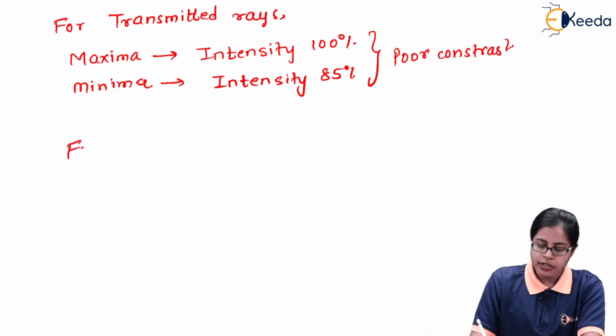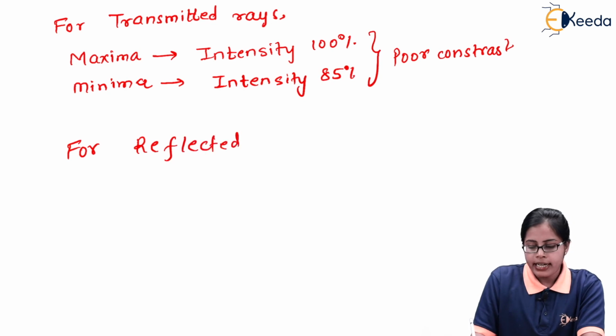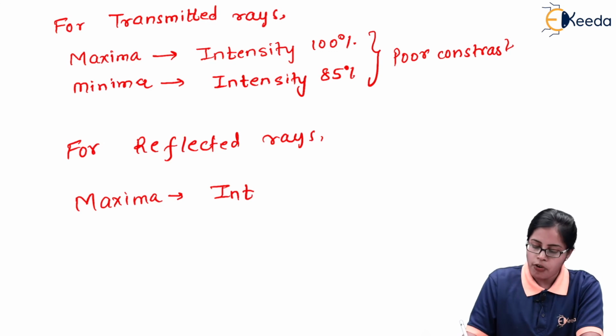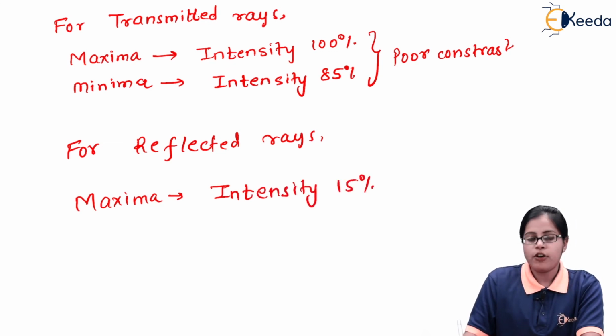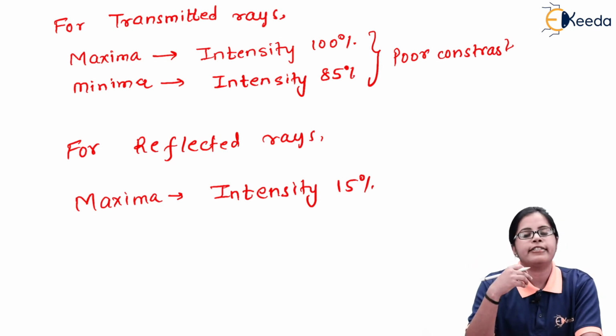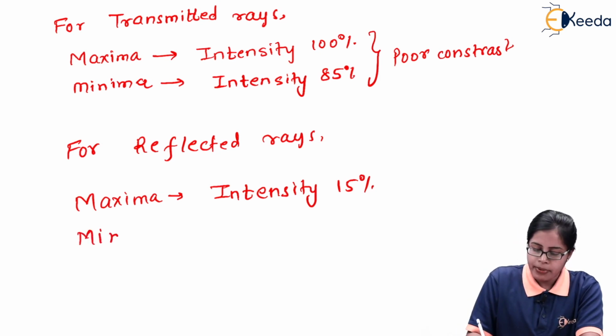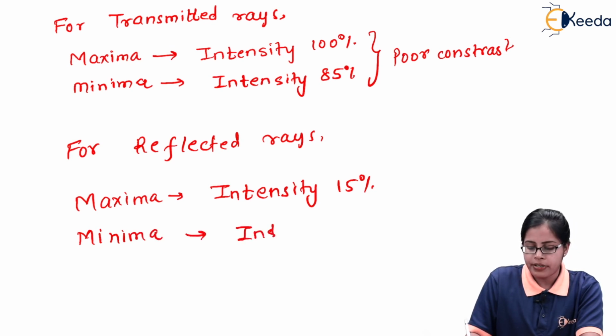But once you come to the reflected rays, or the reflected system, for maxima the intensity is around 15% of the incident ray. That means the intensity of the bright band, or maxima, in the reflected system is around 15% of the incident ray. And for minima the intensity is 0%.